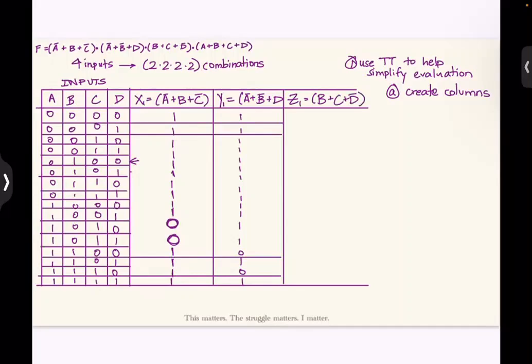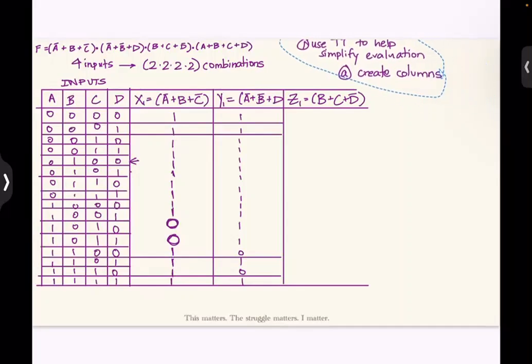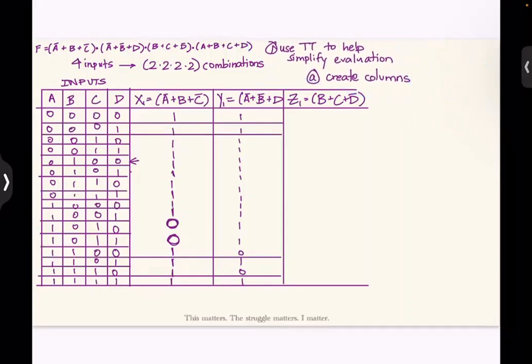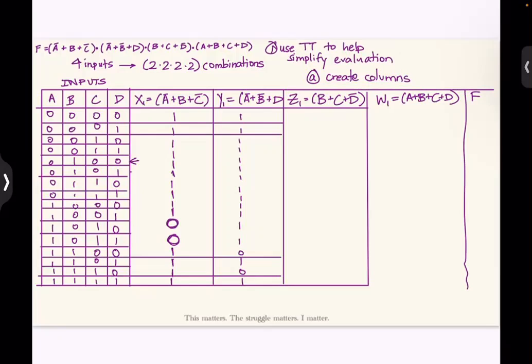So Z1, W1, and F. W1 is the 4th term, Z1 is the 3rd term.